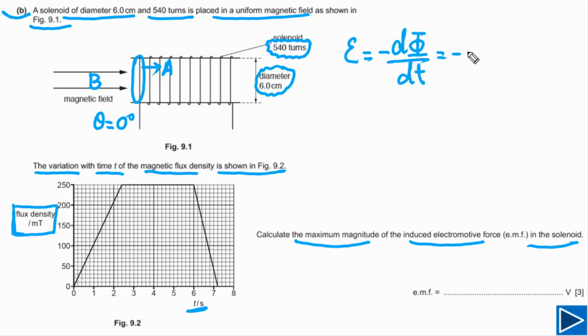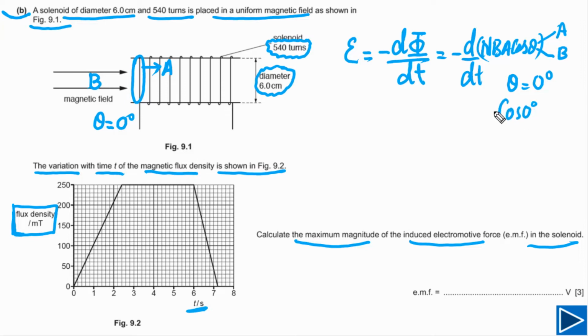And magnetic flux linkage is equal to NBA cosine of theta, and theta is the angle between A and B. For this question, it is given to us that the angle between A and B is equal to 0 degrees. So cosine of 0 degrees is equal to 1.